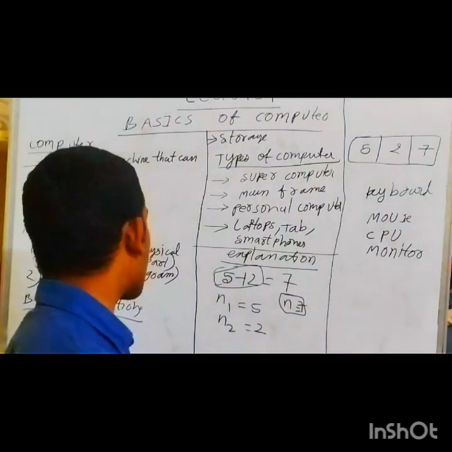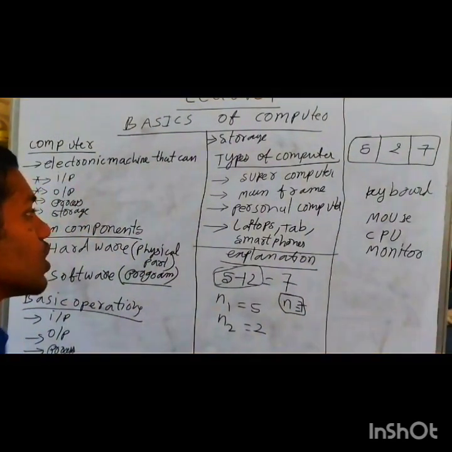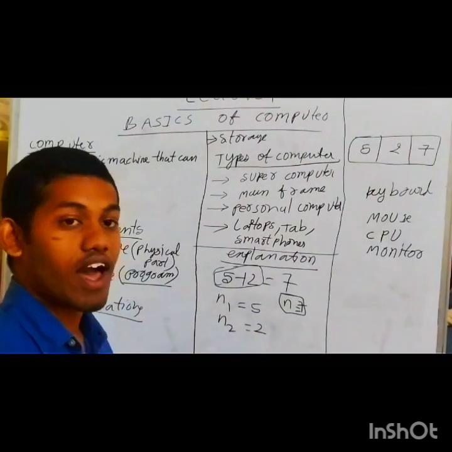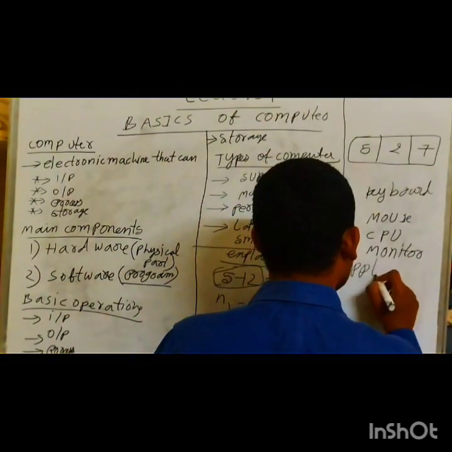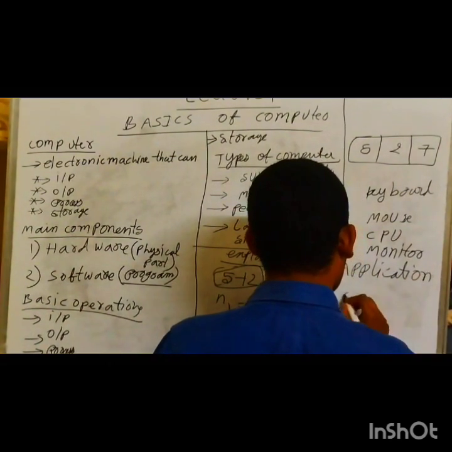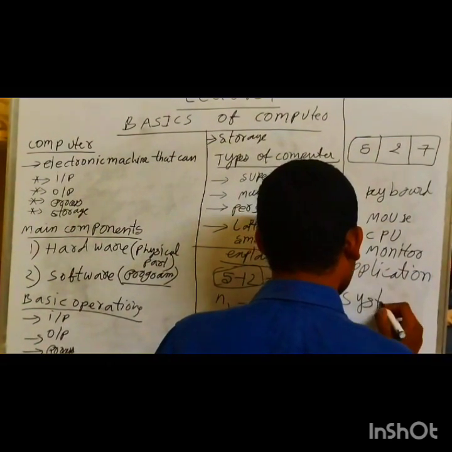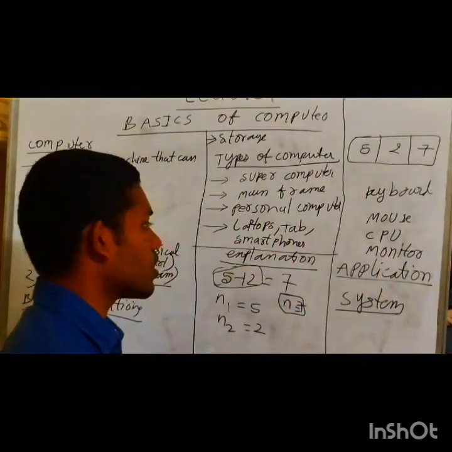Next, coming to the software. Software means it is a program. Mainly we have two types of software. First one is application software and second is system software. What is application software and what is system software?